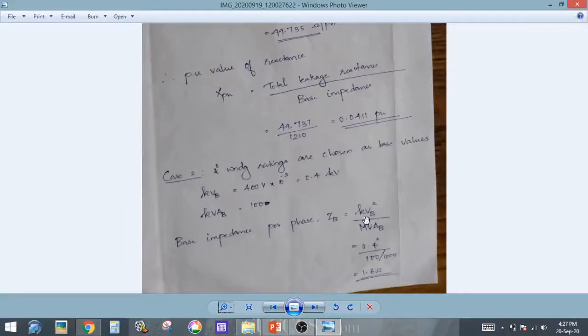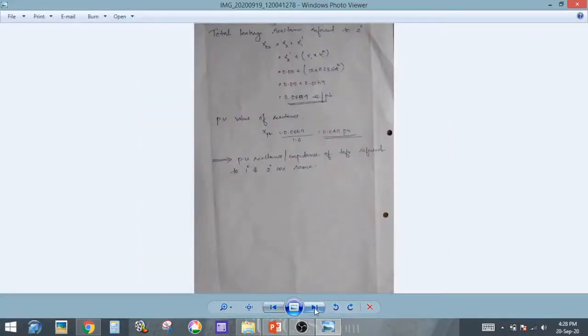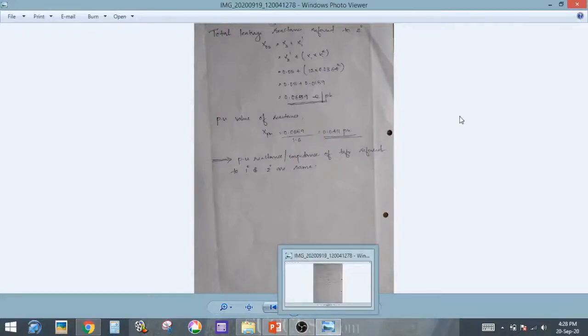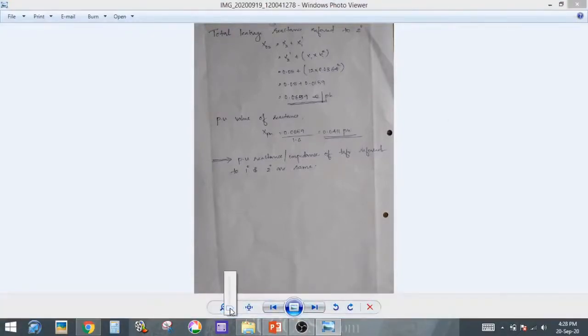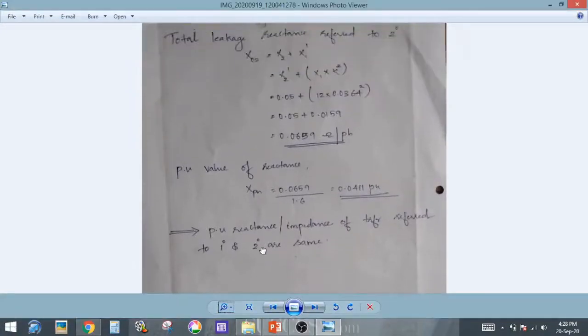In case 2, the secondary winding ratings are chosen as the base value, that is base kV equal to 400 volt, and 400 volt is 0.4 kV, and base kVA equal to 100. So base impedance equal to base kV square divided by base MVA, that is 1.6 ohm. The total leakage reactance referred to the secondary side X02 equal to X2 plus X1 dash. Here the leakage reactance is referred to the secondary side.